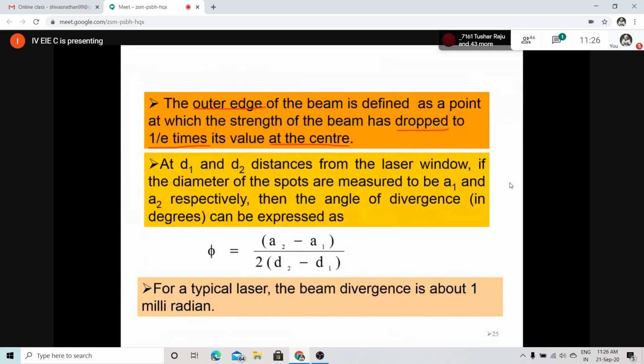So that is what you need to understand. The outer edge of the beam will have the strength of the beam dropped to 1 by e times, 1 by exponential times, with respect to that of the center. Clear?